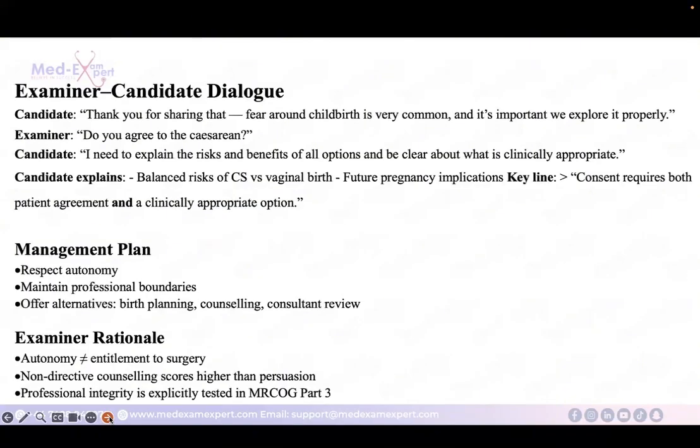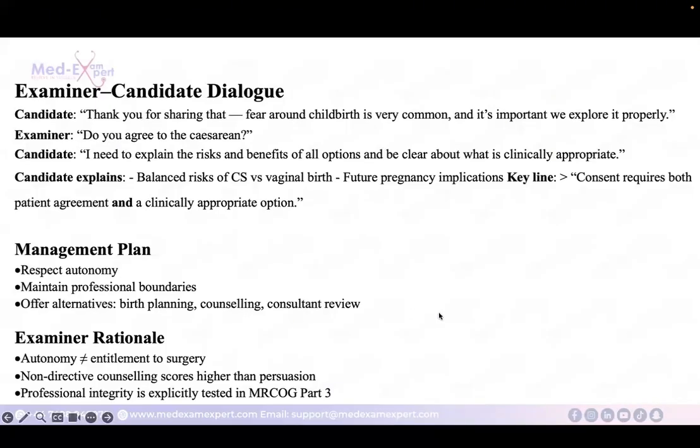So the candidate says, thank you for sharing that. The fear around childbirth is very common. So you give your empathy, and it's important that we explore it properly. You want to understand the reason or rationale behind her refusal to go for a vaginal birth.